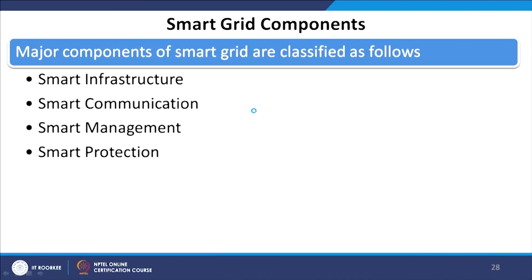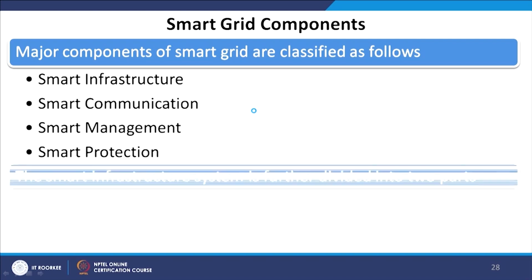Now, the smart grid components. The major components of smart grid are classified as follows. We will have smart infrastructure, smart communication, smart management as well as smart protection systems.